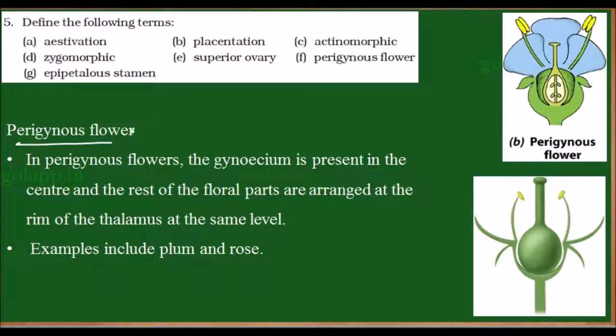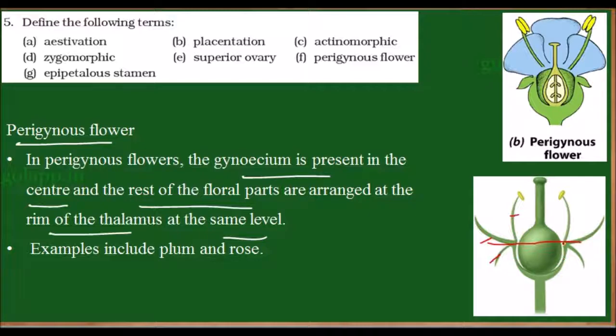The next definition is perigynous. In perigynous, the gynoecium is present in the center and the rest of the floral parts are arranged at the same level in the thalamus. Here this is gynoecium, present at the center. Androecium, petals and sepals are arranged at the same level in the thalamus.